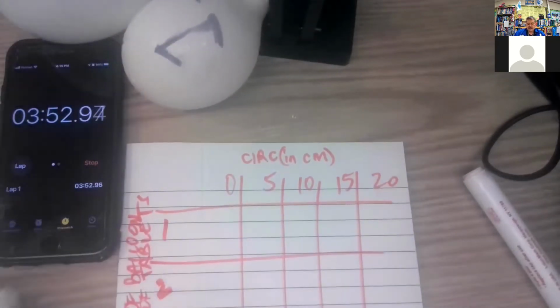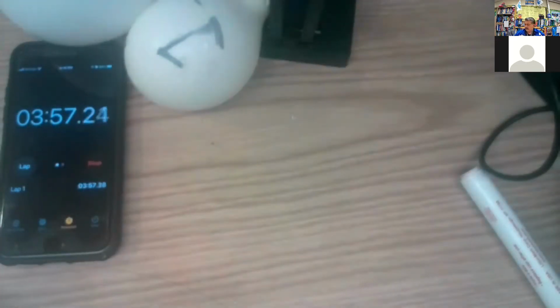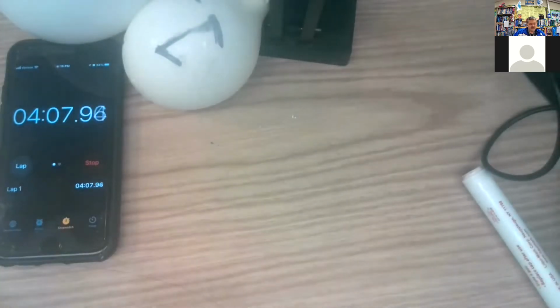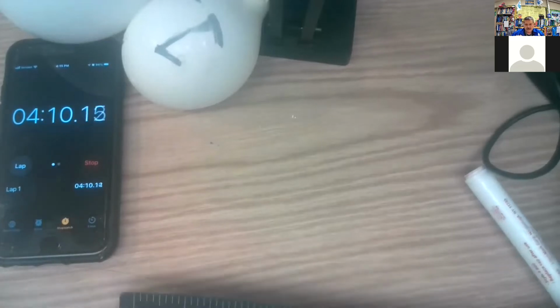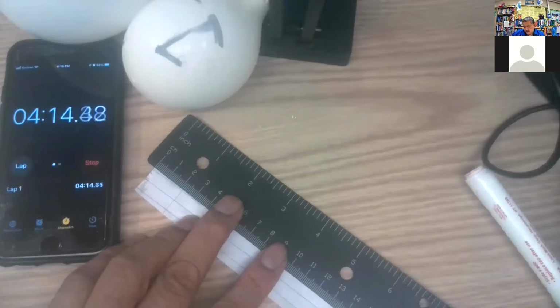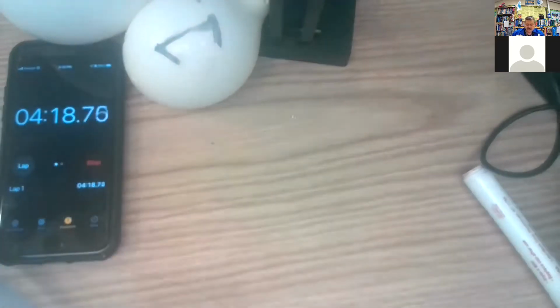Almost time to get the next measurement anyway. So let's go ahead and get ready to do that. But let's see if I can get a better ruler. This will do. Okay, so from the beginning here, my first measurement is the number 1 at 20 centimeters.